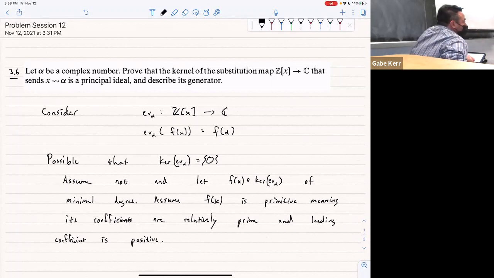The leading coefficient is a constant, but that's not so important.